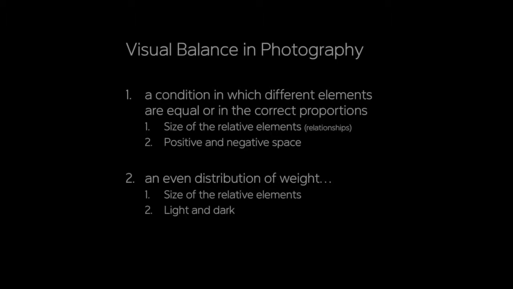Well, heavy. Heavy is the first one that comes to mind. So a heavy image may be the story you're trying to tell or it may not, but lights and darks can have a dramatic effect on the weight of an image, which then affects the balance of an image. And then again, positive and negative space also can affect weights within the image.